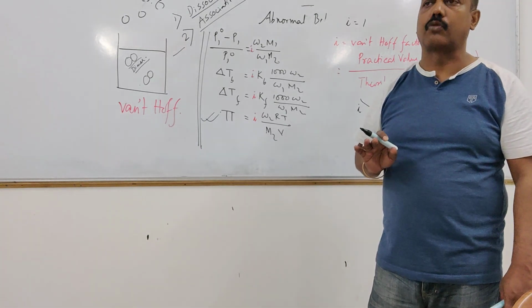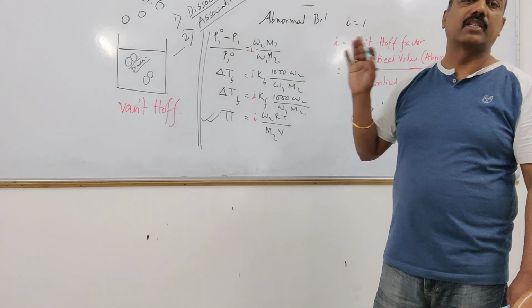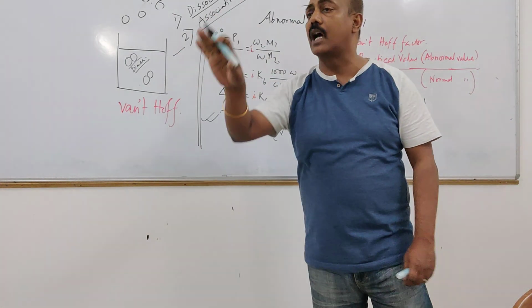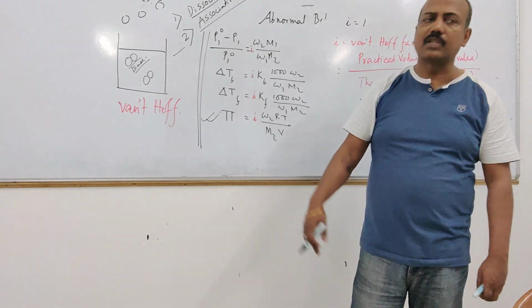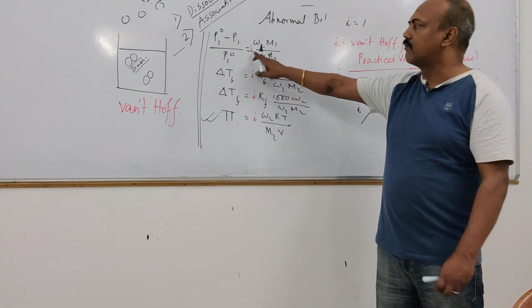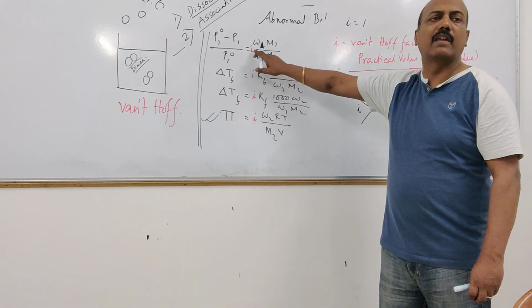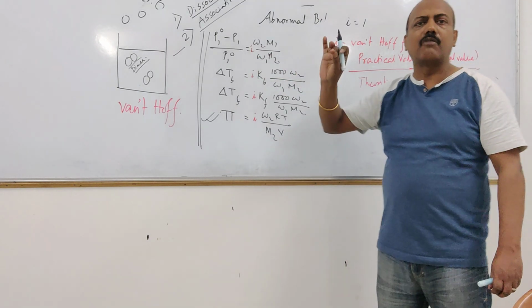No abnormality is shown. Then the value of i is equal to 1. Whatever numericals we had done till now, we had taken normal solutions. That is why we did not use the value of i. Everywhere i was equal to 1. But now we are going to use it.